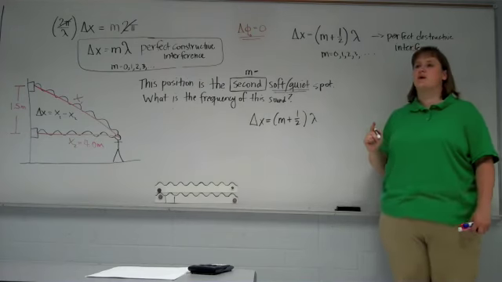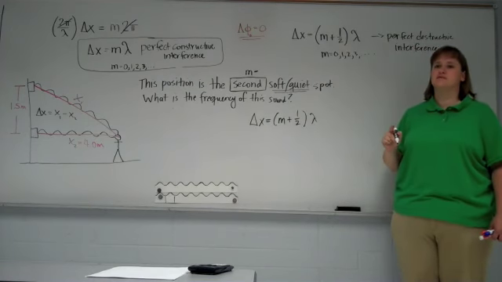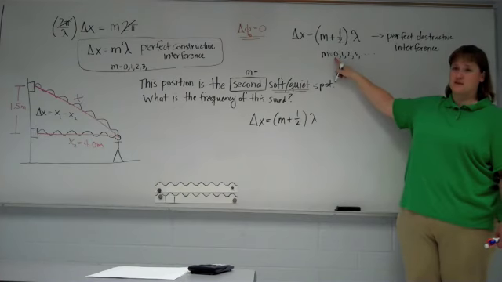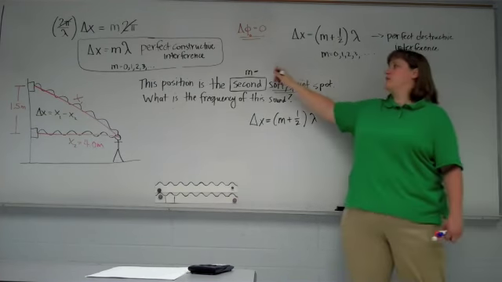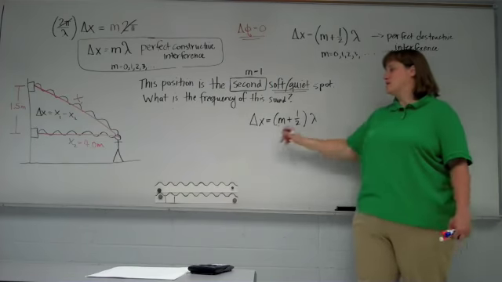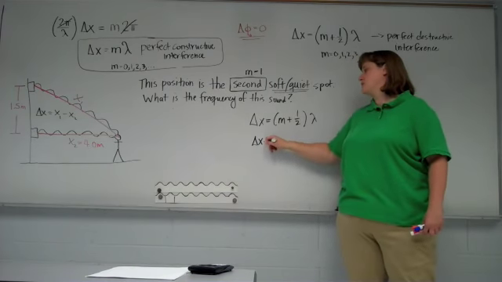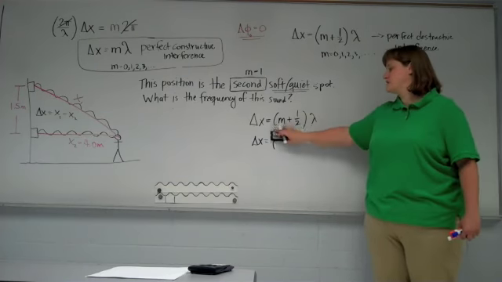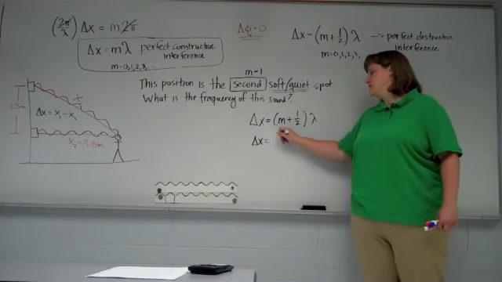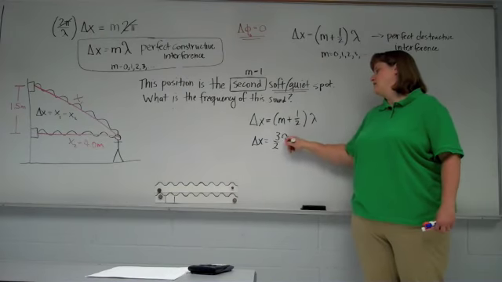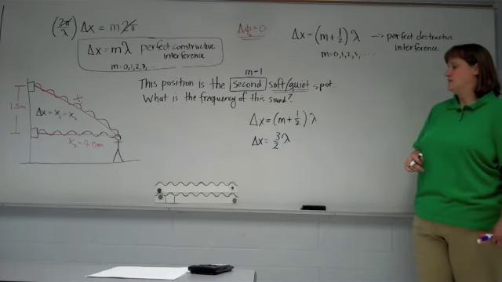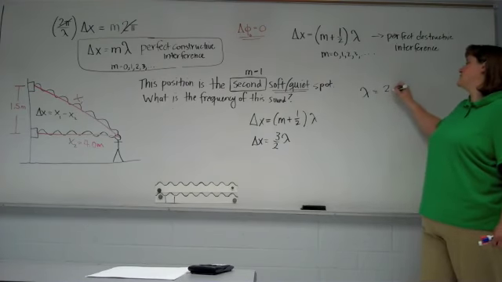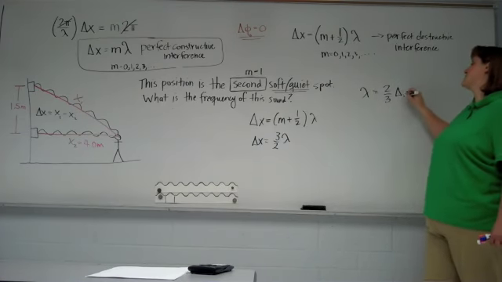What is the second possible m value we can have? 1. The first soft spot would be m equals 0. The second soft spot will be m equals 1. So we're going to simplify this. Delta x will be m plus 1/2, so 1 plus 1/2, so 3/2 lambda. So lambda will be 2/3 of delta x.